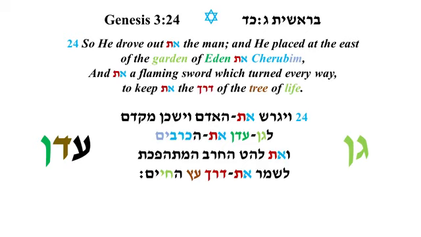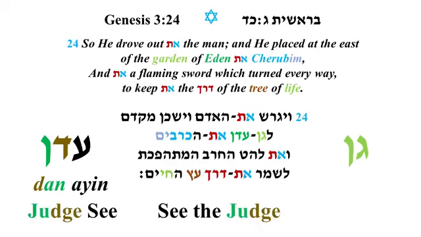Here I do want to point out in Eden again, ayin, dalet, nun, if you just take the last two letters, dalet, nun is the word Dan, and Dan is judge, and the ayin is I, so I the judge, or see the judge.